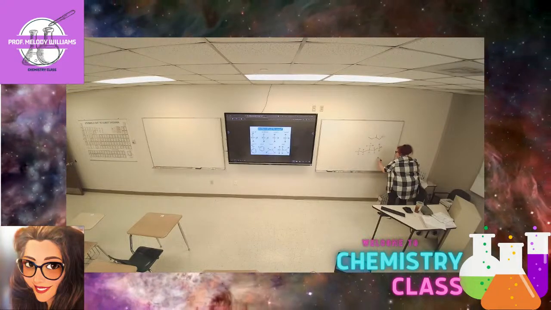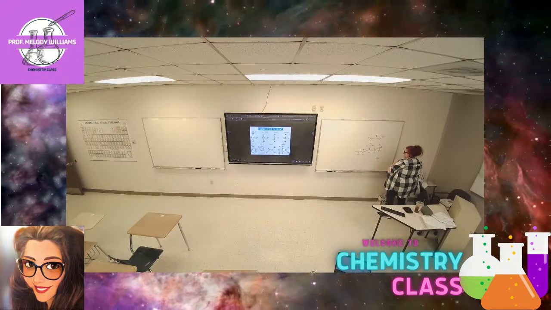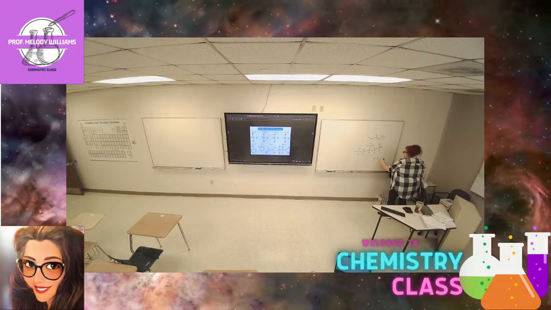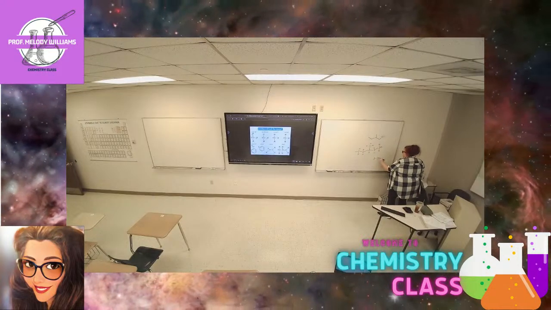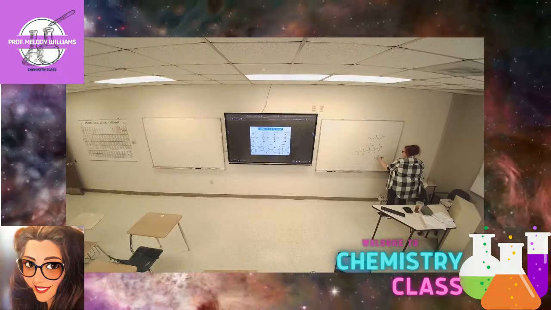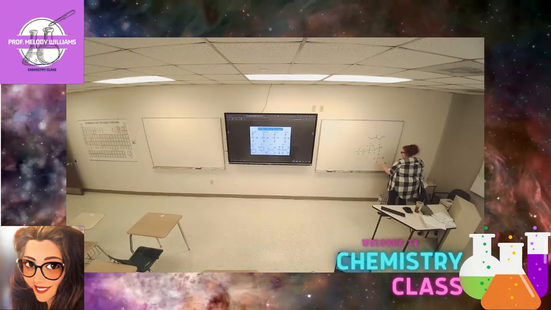Normally, carbon has 4 electrons in its outer shell, right? So if this is here, and let's say that this carbon is attached to a bromine, this one has a hydrogen, and this one has a hydrogen.